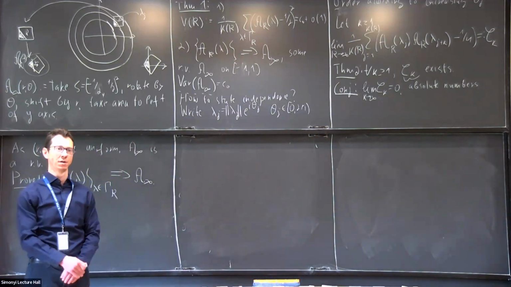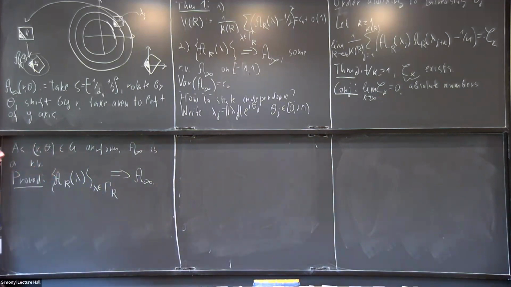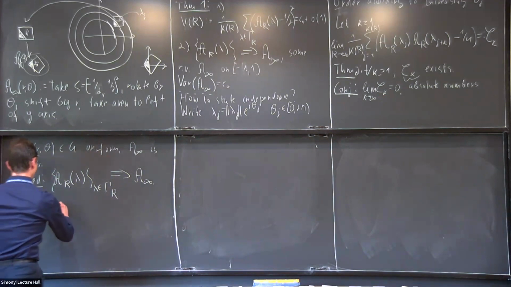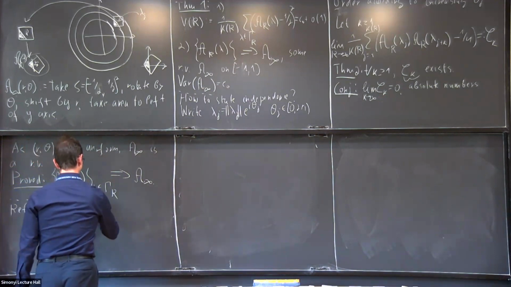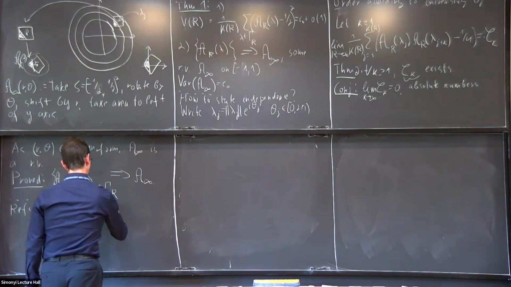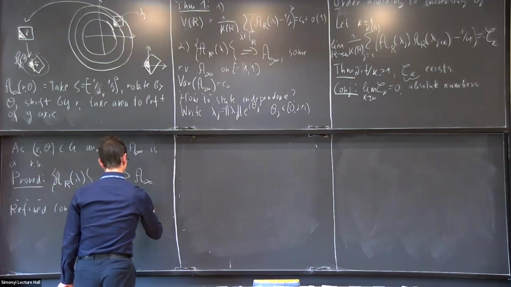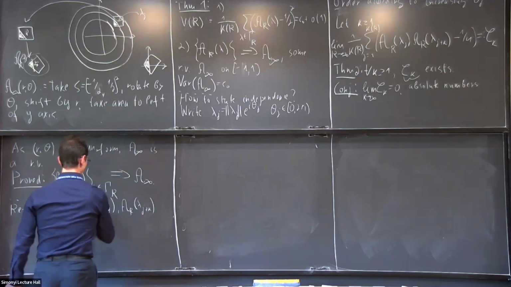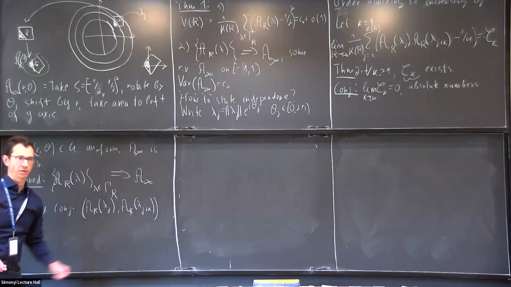Now, what would be the natural conjecture? A refinement. We consider AR of lambda j and AR of lambda j plus k. We take the double limit: first R goes to infinity, and then k goes to infinity.